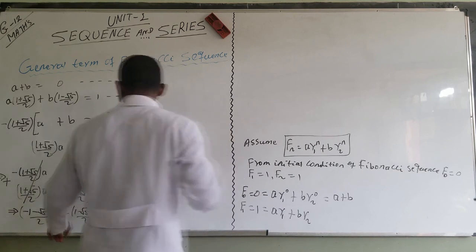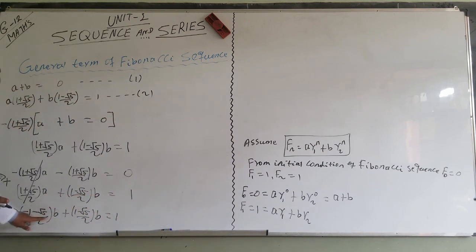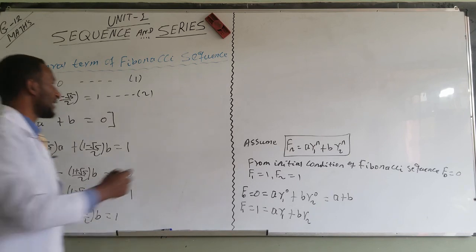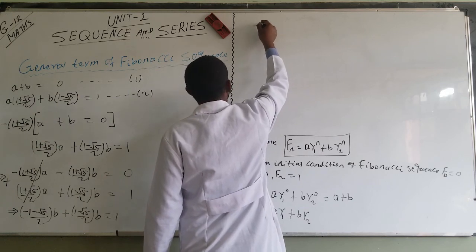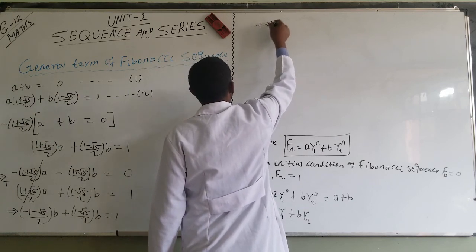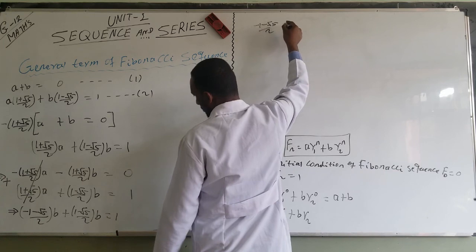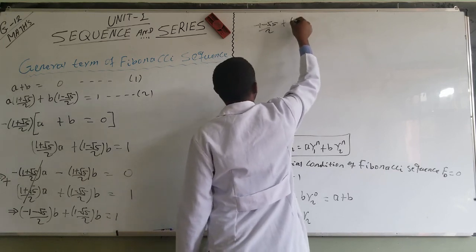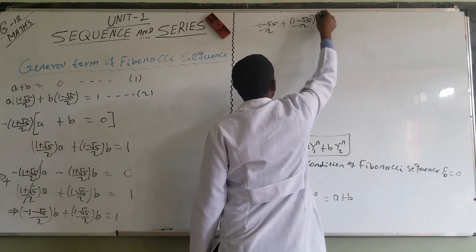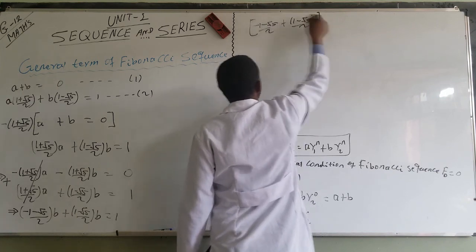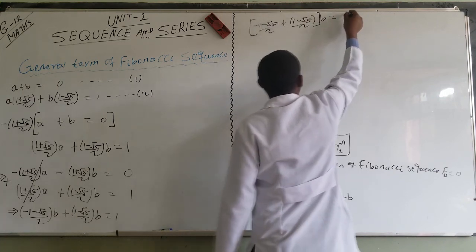Then when we take B as a common factor, negative (1 minus square root of 5) over 2 plus (1 minus square root of 5) over 2, times B, is equal to 1.